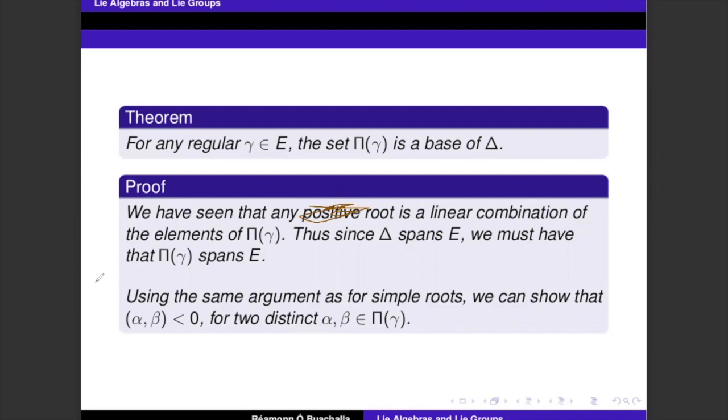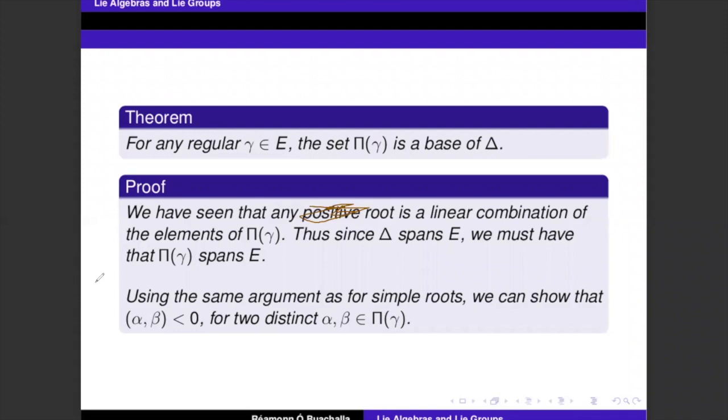But the roots span the whole space. So if you've got a spanning set, then it spans the whole space. So all we need to do is prove that it's a linearly independent set.